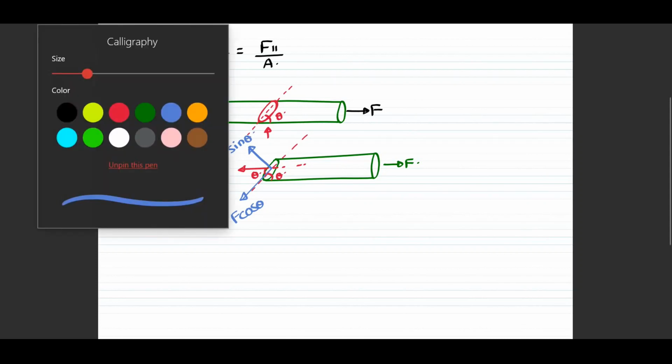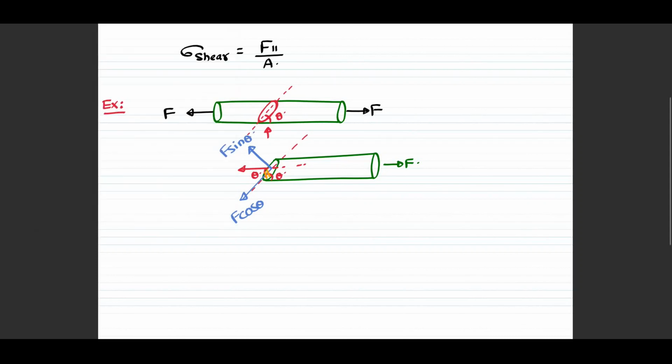तो अगर आप एरिया के रेस्पेक्ट में देखेंगे, if you look with respect to area, there is one F perpendicular also, there is one F parallel also.